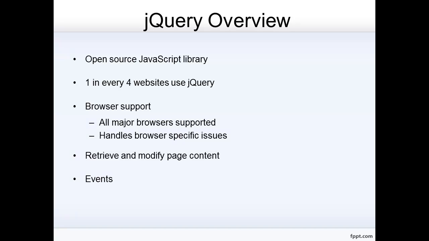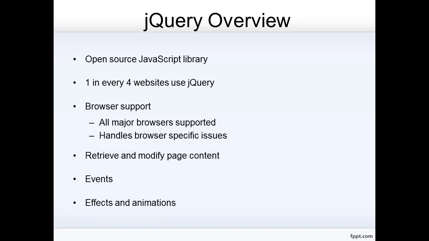Events could also be mouse events, so when you move the mouse over a certain div tag in your page, you want something to happen like a rollover, you can do that. Events also include page events, like when the page loads, and form events, so when you click on a button, you want some special code to run. You can do that through the jQuery events.